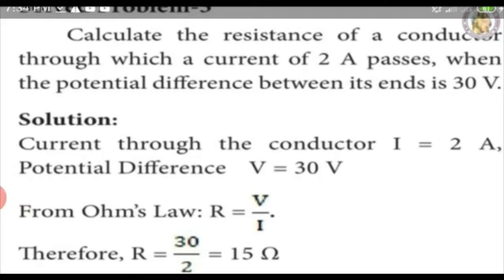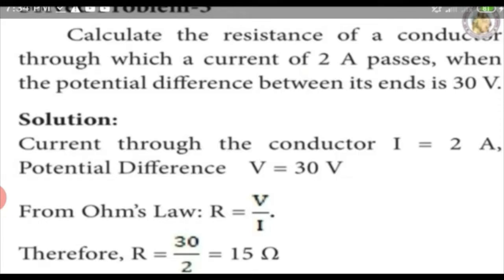Now we will see problem 3. Calculate the resistance of a conductor through which a current of 2 ampere passes when the potential difference between its ends is 30 volt. So this is the question. Here, what do we want to find?